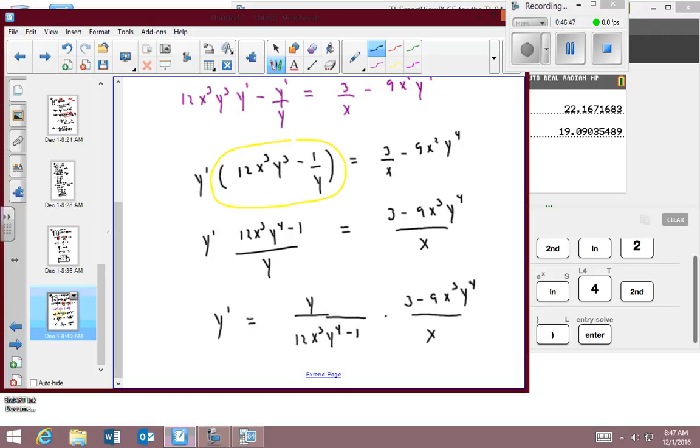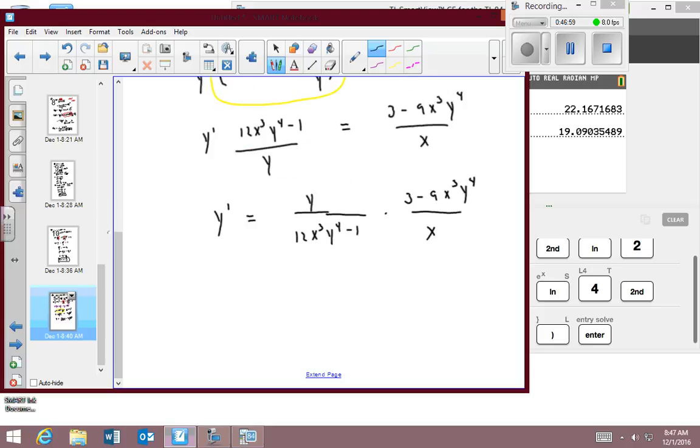I don't think there's anything you can do with that. We could combine the x in there, but that's essentially it. I don't know what the book would write it as. If we distributed the y across, 3y minus 9x cubed y to the fifth. Distribute the x across, we got 12x to the fourth y to the fourth minus x.